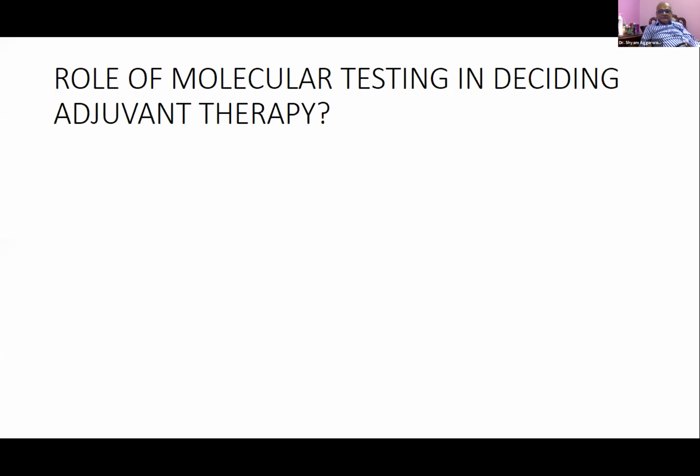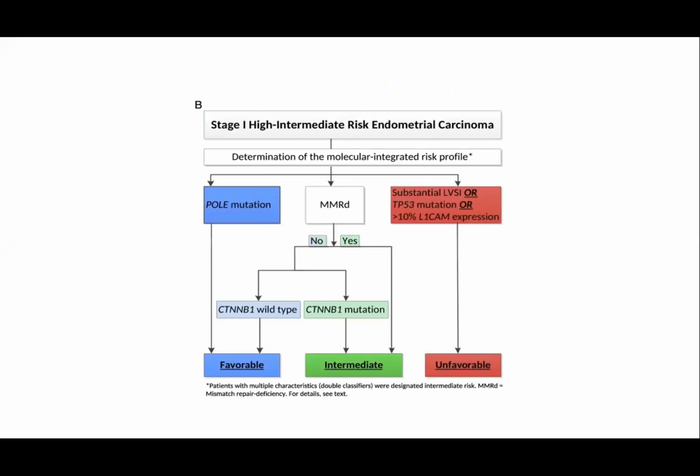Next slide, please. So what we generally do is, because we know that there are 4 subgroups, which are P53 mutated, POLE, MMR deficient, and of course, none of these subtypes. We are not doing POLE right now, and that is still being validated because that needs to be done by NGS.